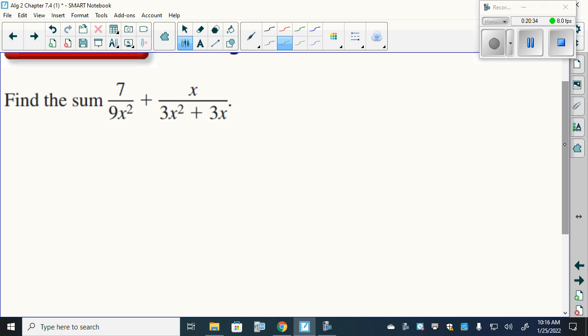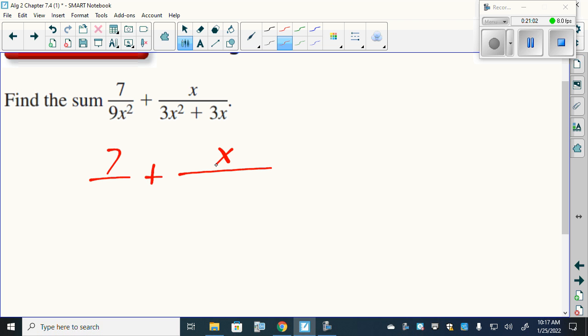So we're going to use this using addition and subtraction. Now, as we can see, the denominators for these two are definitely not the same. So, yes, they could be, and we're going to make them be the same. Now, we're not going to do anything with the numerators yet. So the 7 and the x are just going to stay the same.